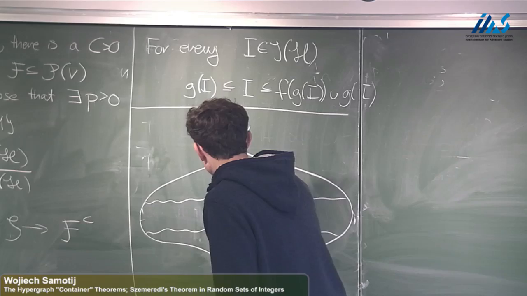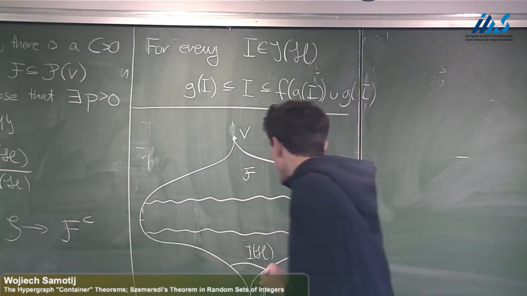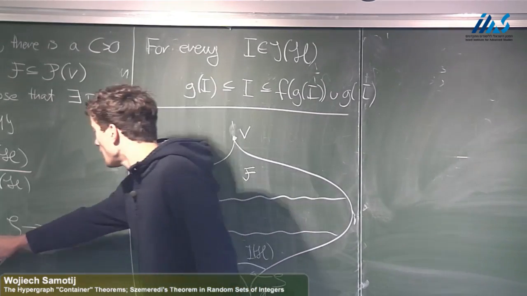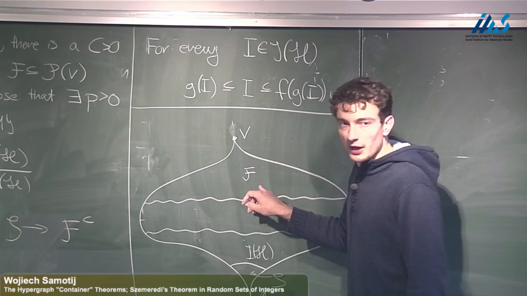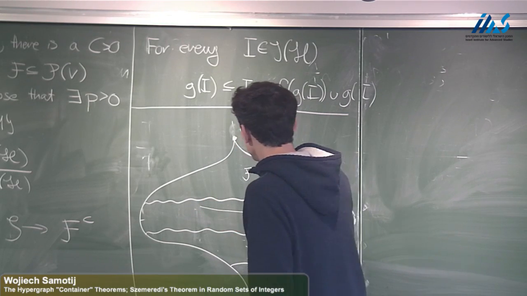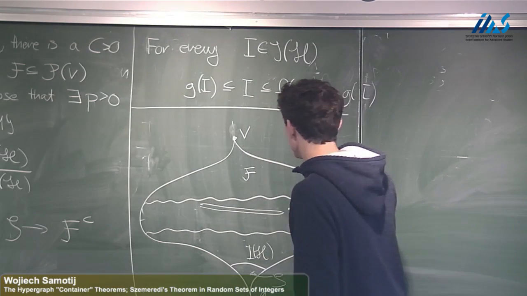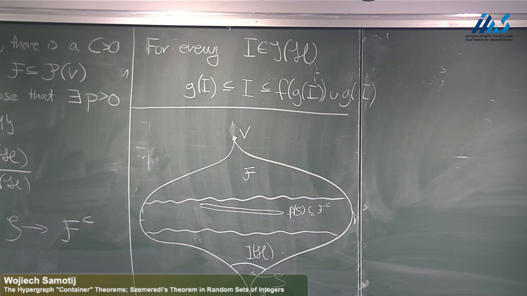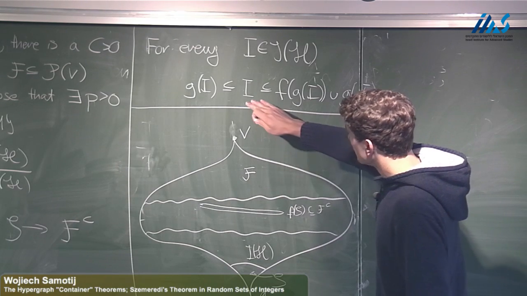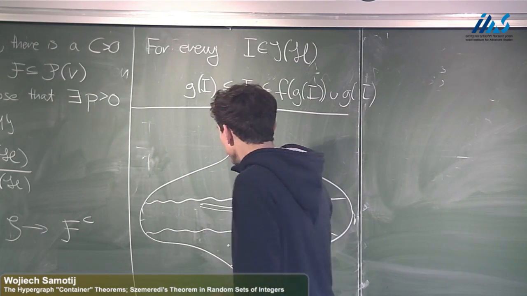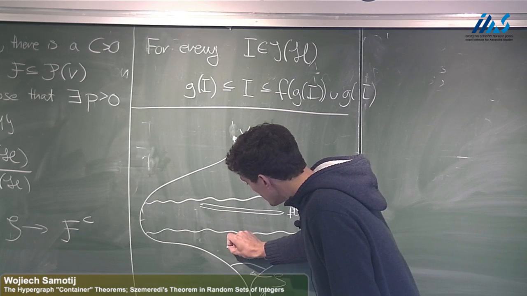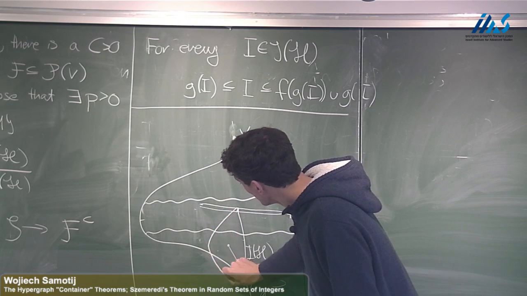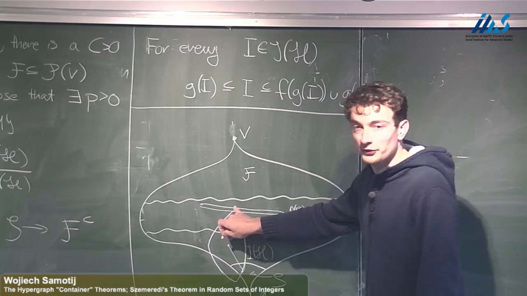Somewhere really, really low, we have the small sets which are in S. And each set in S, this function F sends to something which is not in F. So we have this very tiny set, F of S, which is contained in the complement of F. Now, the conclusion is that whenever I look at some independent set I, then it is mapped here, and now this set I will be sandwiched between this lower set and this upper set.